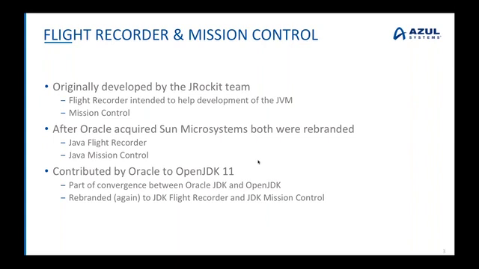And so they acquired all of this technology at the same time. And really the idea behind Flight Recorder and Mission Control was to help in the development of the JVM itself, because the developers need to understand, well, what is the JVM doing and where are the places where there might be issues in terms of performance? So they needed some kind of tool to look at that. What they discovered was that by doing that, they could also get a lot of information about how the application that was running on top of the JVM was also performing.